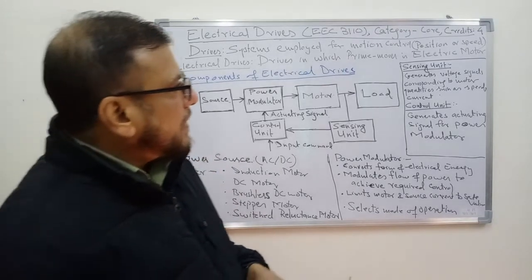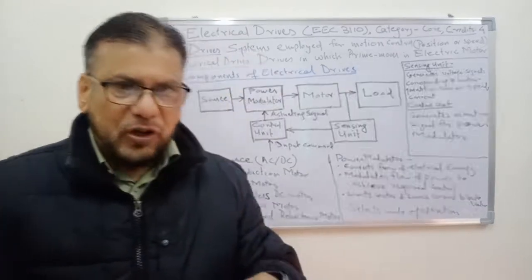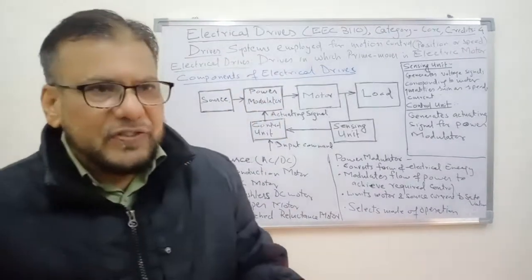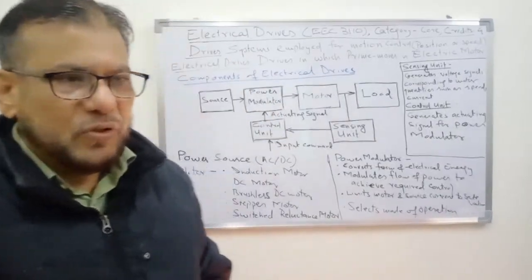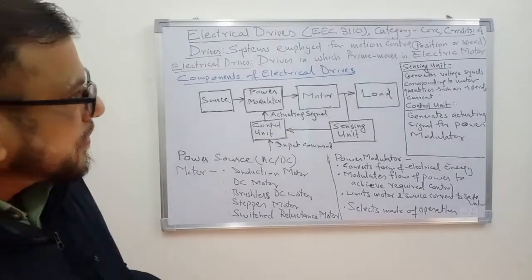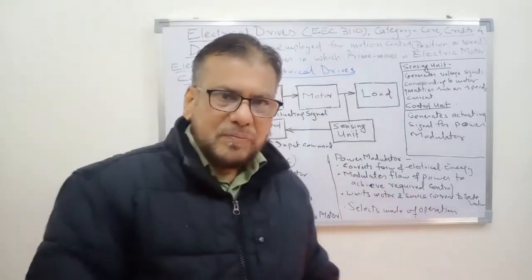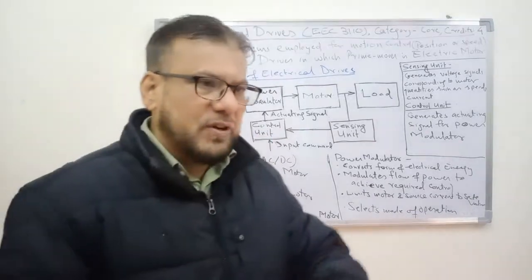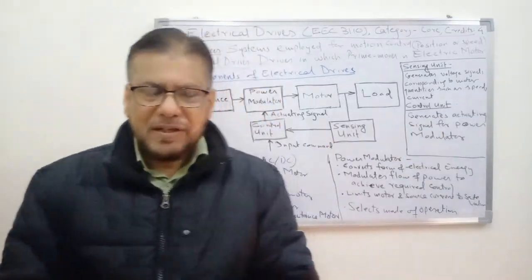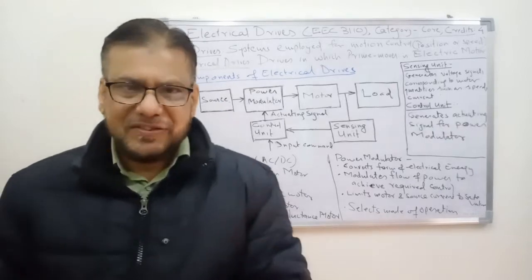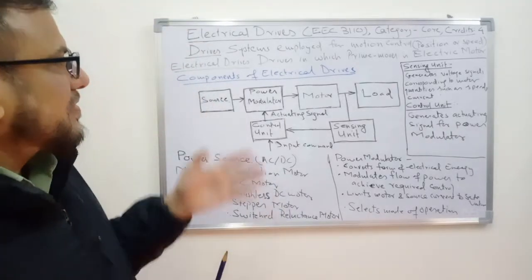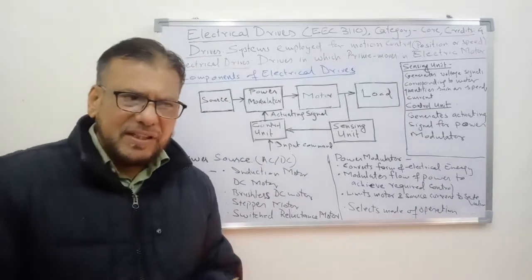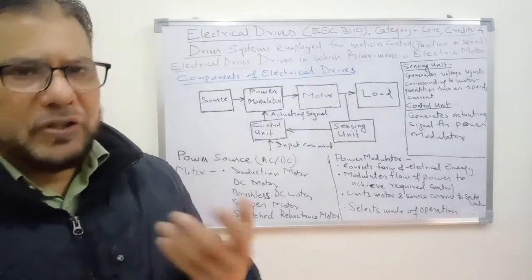And you may also have to move the lift at different speeds. You want to have a control of speed also. So that is speed control. So any system which moves the load from one position to other position at various speeds, we call the system as drive.